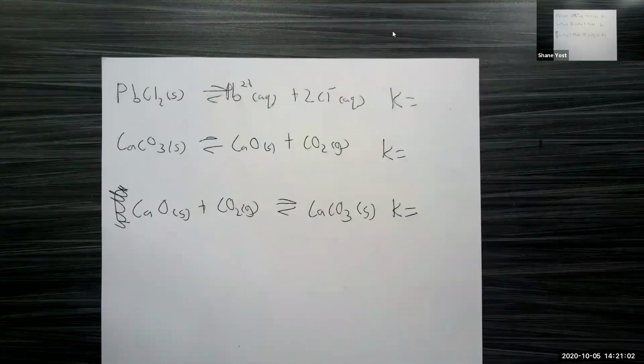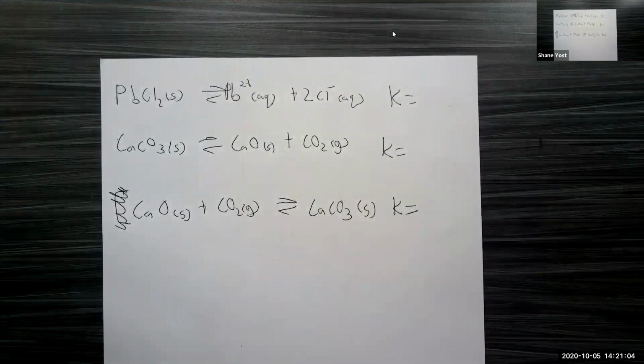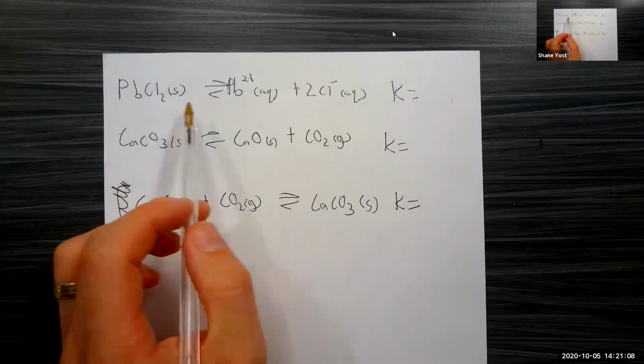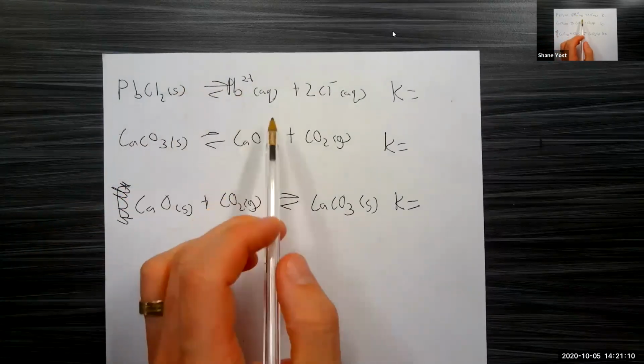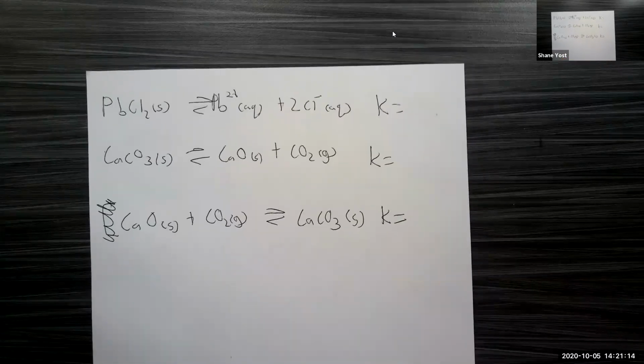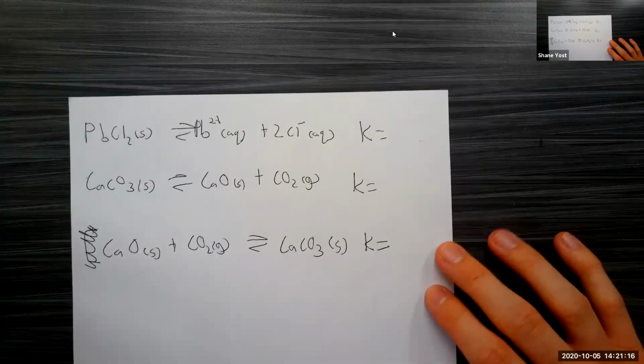All right. So we have PbCl2 solid going to Pb2+ aqueous plus 2Cl-. What is the equilibrium constant expression going to be for this reaction?